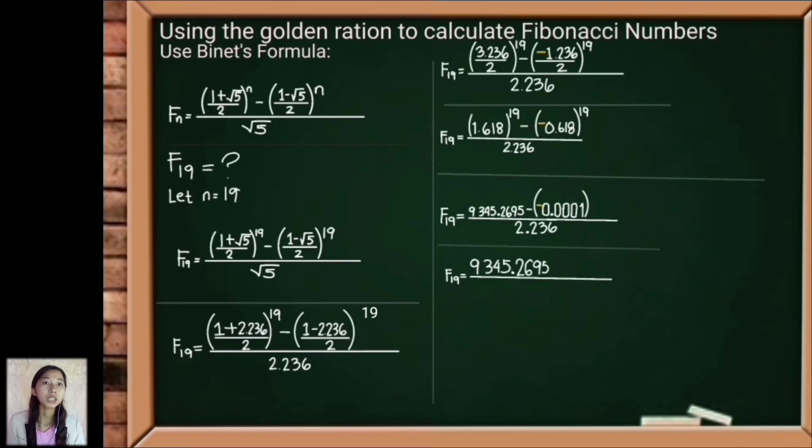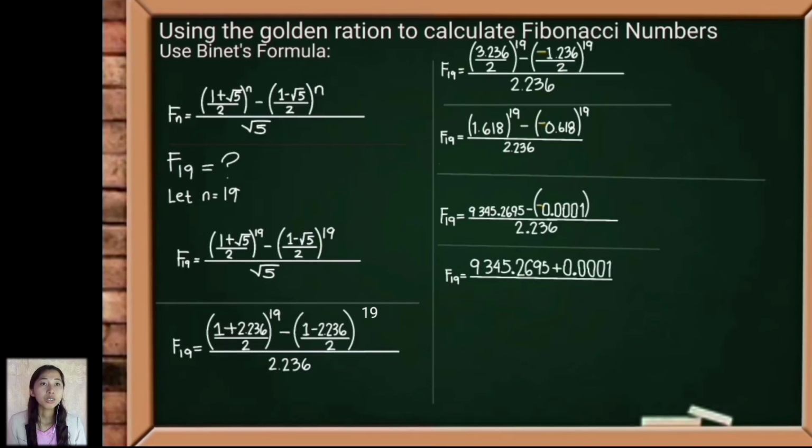That's why instead of writing minus or subtraction here, we use the positive sign, or plus. Why? Again, we have to multiply negative times negative, and the answer would be positive. Okay, so it became positive, so plus 0.0001 all over 2.236.